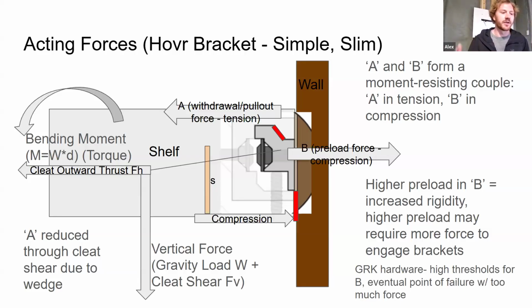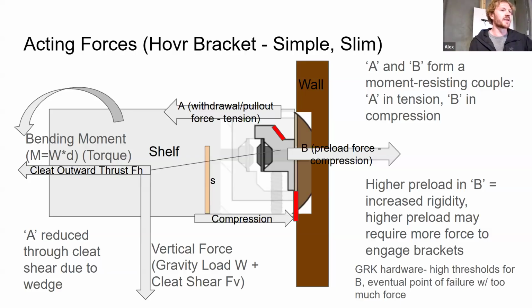Now, obviously, there is a certain eventual point of failure on the screws if there's too much force, but that's kind of why for the slim line, we use the GRK hardware, which has high thresholds for that preload force, that compression, and also has high shear force or shear resistance really from that vertical force. And yeah, the classic has four screws, so it's a little bit different there, and the dispersion's a little better across four screws, but that's generally how it works.